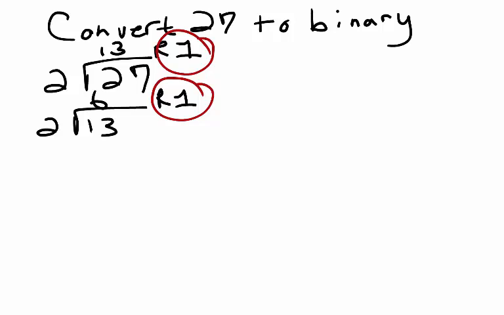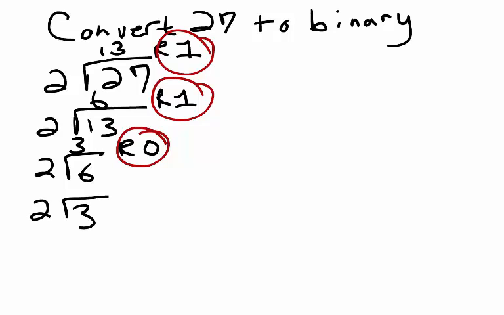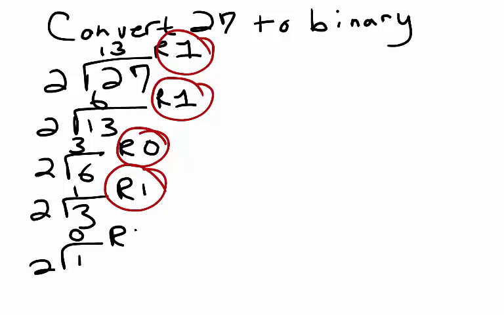Continuing the process, 2 divides into 6 3 times, with a remainder of 0. Then 2 divides into 3 1 time, with a remainder of 1. And finally, 2 divides into 1 0 times, with a remainder of 1.